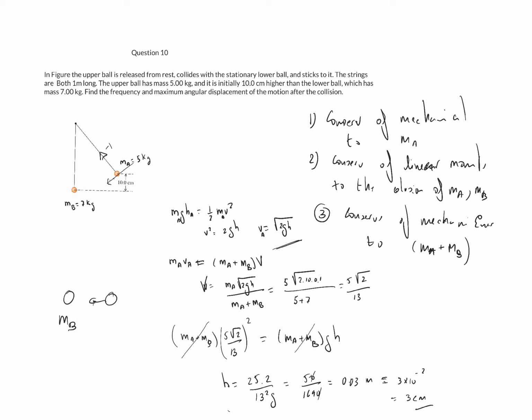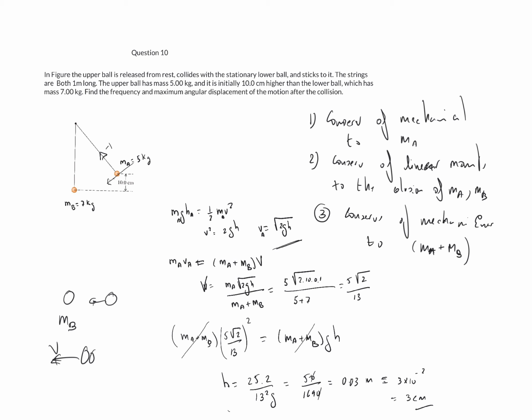And after the collision, both of them will move together with a certain velocity. What is this velocity? Here. The initial momentum, MA times VA, equals the final momentum, MA plus MB, times V. So this velocity V, the final velocity after the collision, will be V equals MA times VA, the square root of 2gh, divided by MA plus MB.